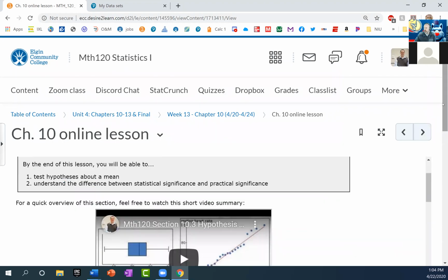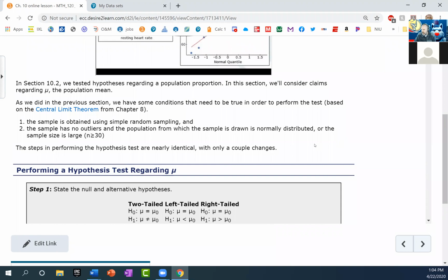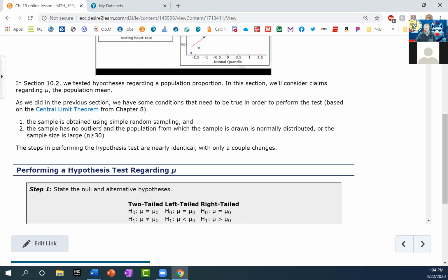Hypothesis test for population mean. So there are two things here. One is it has to be from a random sample. So the sample is obtained using simple random sampling. The sample has no outliers. And then there's an or here. And this is the key.